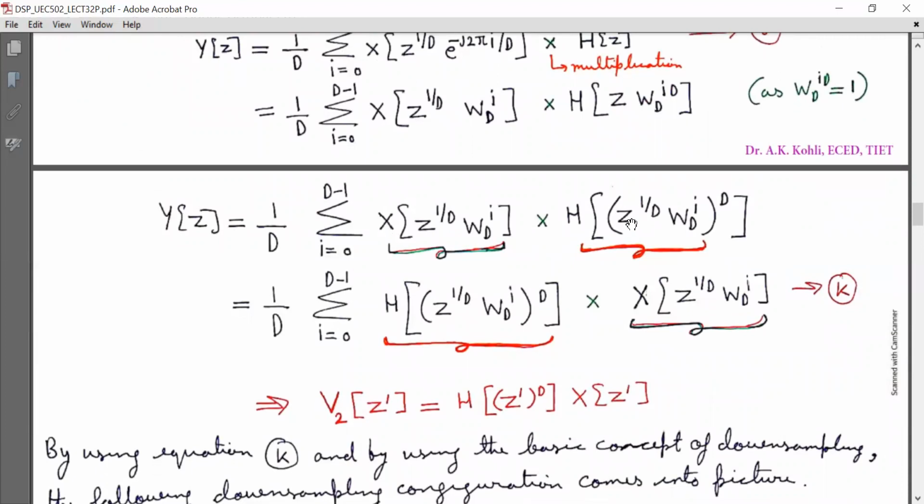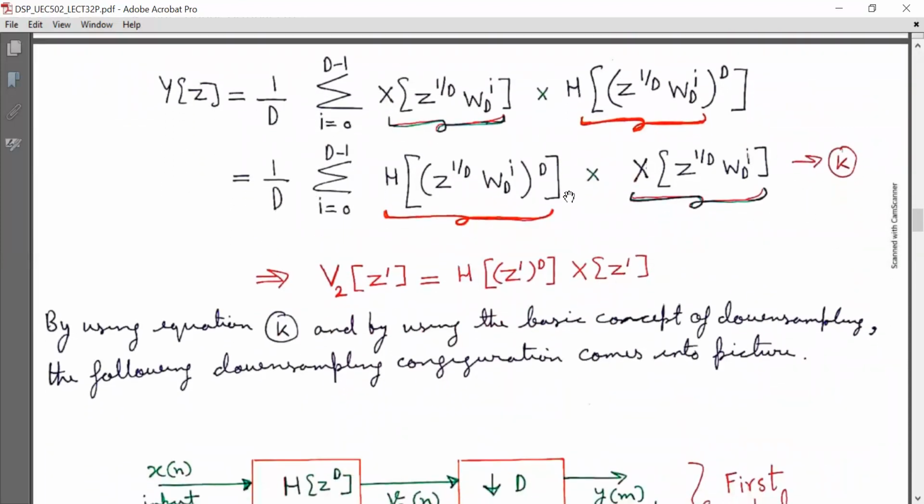Now we can swap the position of these two terms, so Y(z) is equal to 1 by D, summation i running from 0 to D minus 1, H(z^(1/D) W_D^i) whole raised to power D into X(z^(1/D) W_D^i). Mark it as equation K. Now, critically looking at equation K, we have a motivation to define V2(z') equal to H(z')^D into X(z').